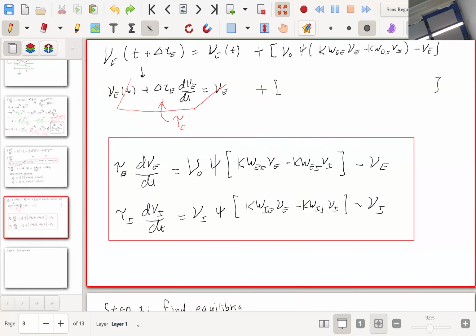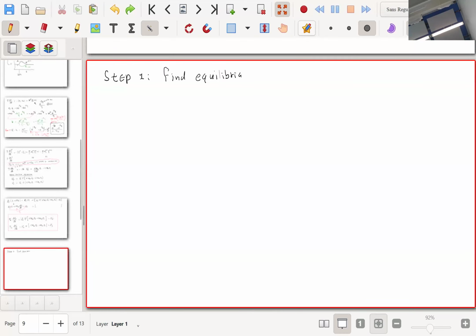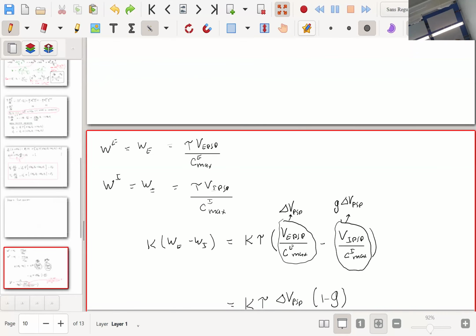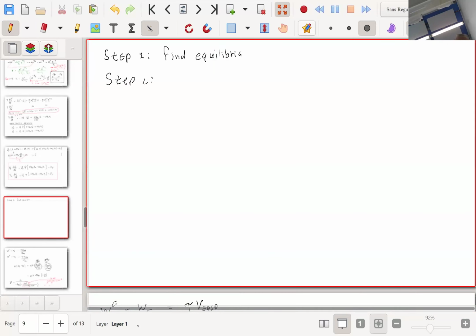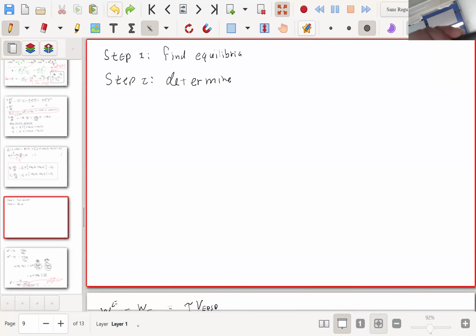And step 2 is determine stability. So just like we did before, we first find the equilibria, and then we ask, is it stable?